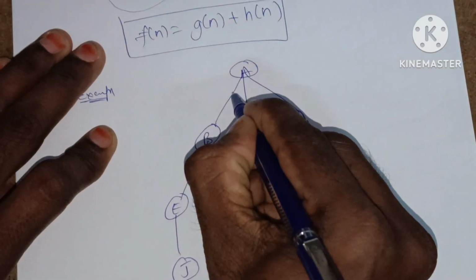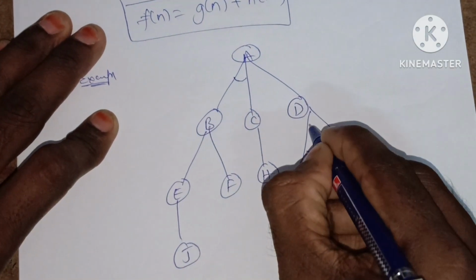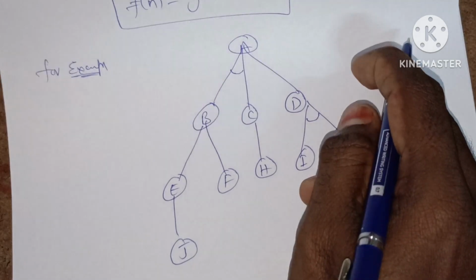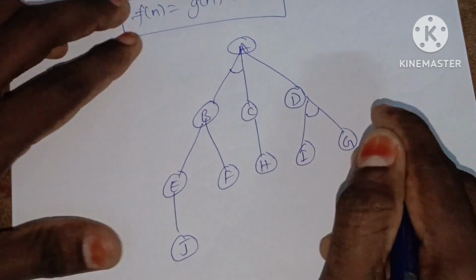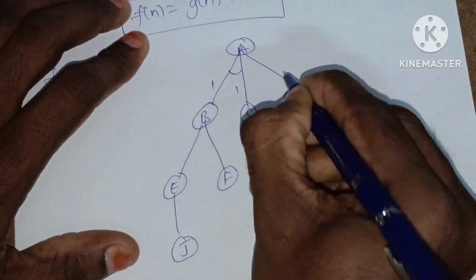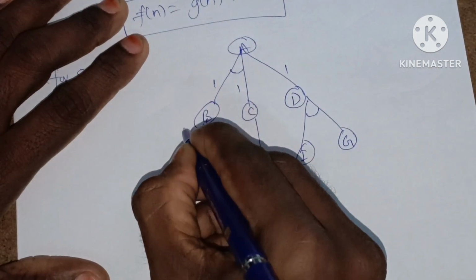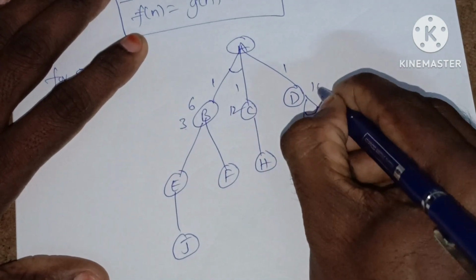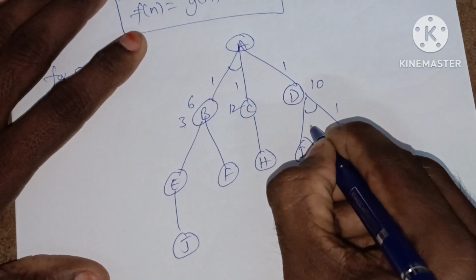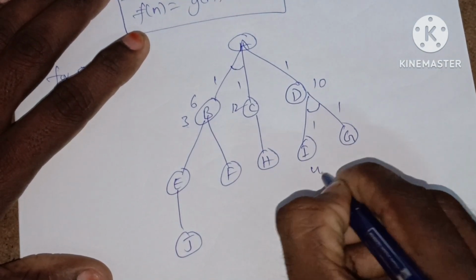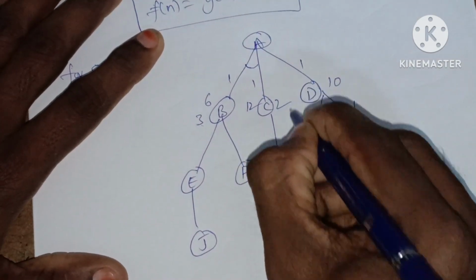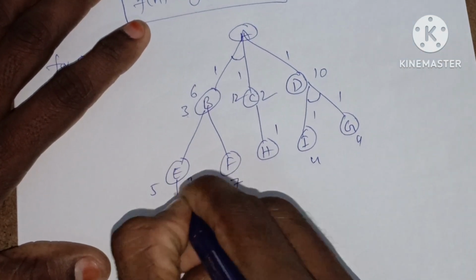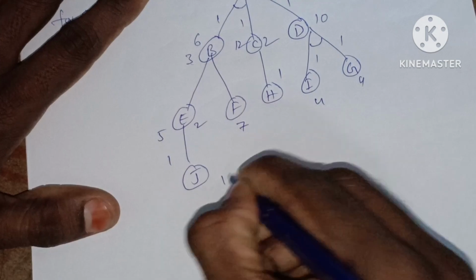Here already these two are combined. Next, here the values are already given. One is the normal cost. The values are 6, 3, 12, 10, 1, again 1, 4, 4, 2, 1, 7, 5, 2, 1 and 1.